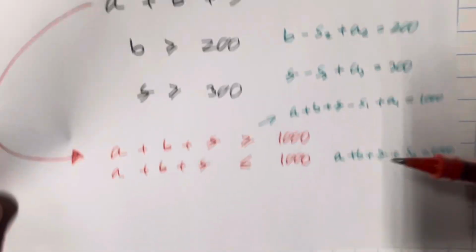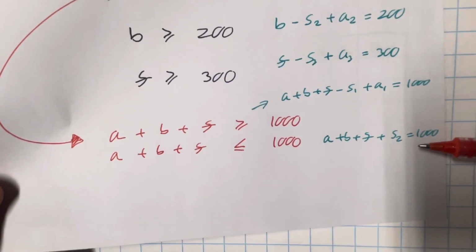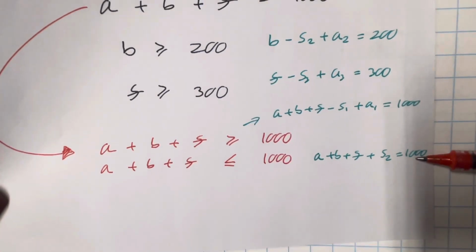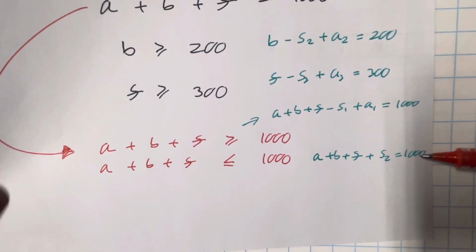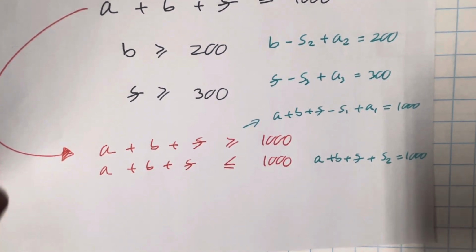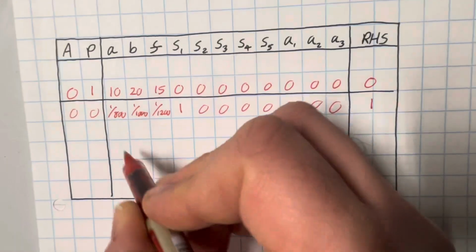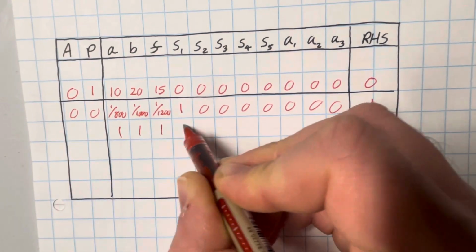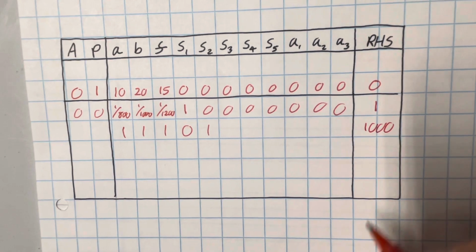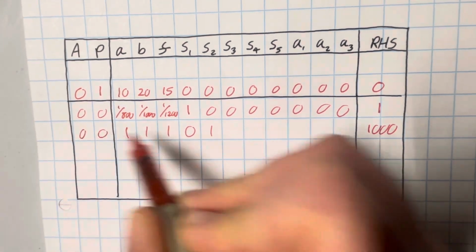Then we've also got this constraint here, which was one from the equality constraint, but this one doesn't contain any surplus or artificial variables. So I'm going to put this one in next. So it's 1a plus 1b plus 1f plus a second slack. So 1a, 1b, 1f, and a second slack, and that came to 1000. Zeros everywhere else.